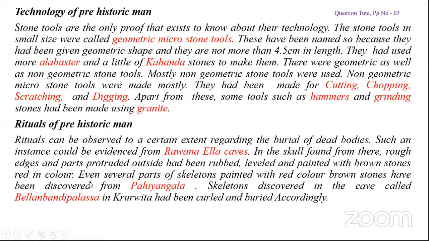This last blank is wrong. It must be Batadomba Lena, not Bellanbandi Palassa, right? I have written everything here, so you can see it and complete the note.